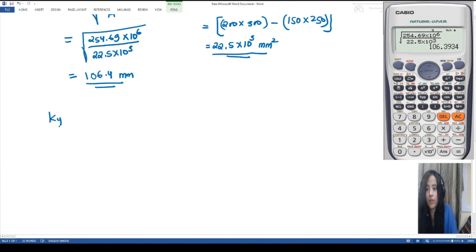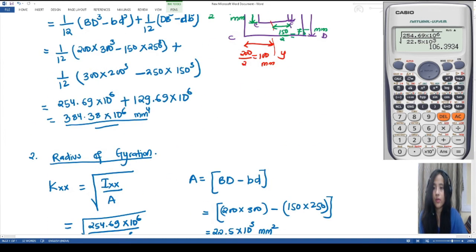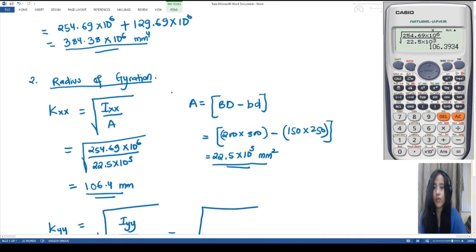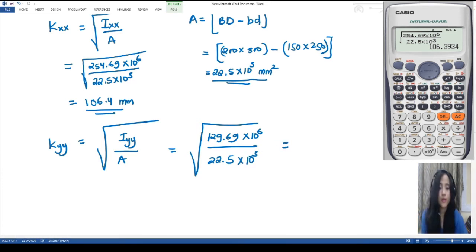Similarly, let's find for kyy. For kyy, it will be root over of Iyy divided by area. So how much is my Iyy? From above, we got Iyy as 129.69 into 10 raised to power 6 divided by 22.5 into 10 raised to power 3. So how much will this be coming?